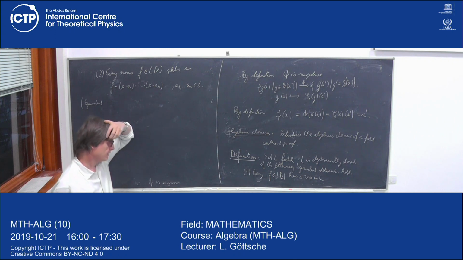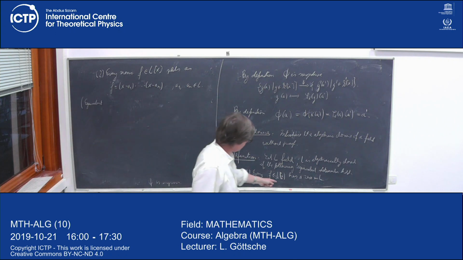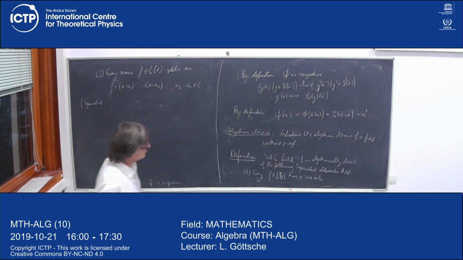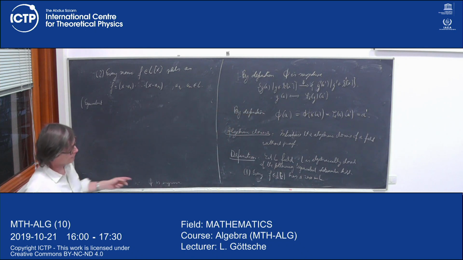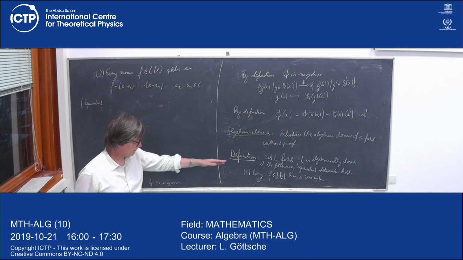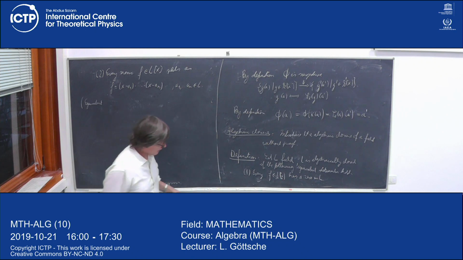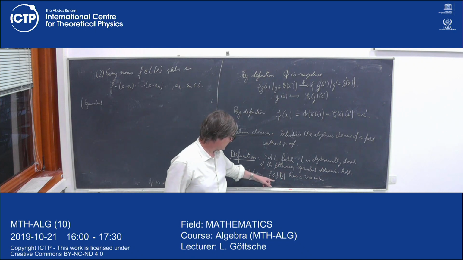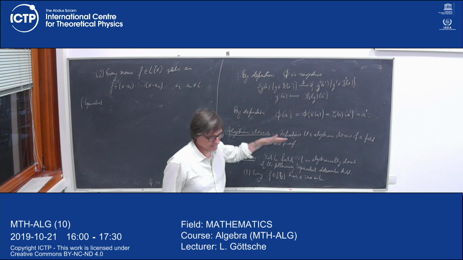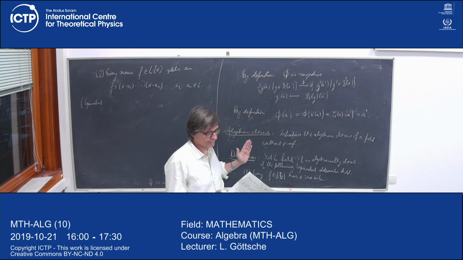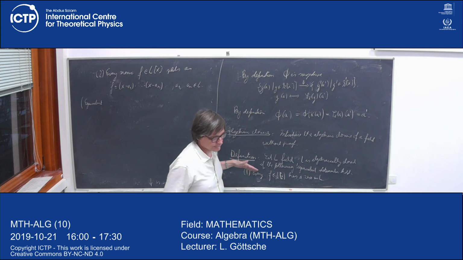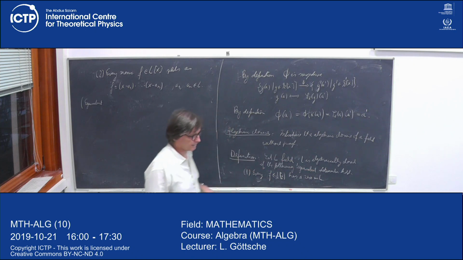And conversely, if we have a polynomial which has a 0, then we divide. So first we can make this polynomial monic. If a polynomial is monic, it starts with 1, and if it has a 0, we can divide by x minus the 0. Then we have a polynomial of degree 1 less, and again we apply it to it, and inductively it splits into linear factors.